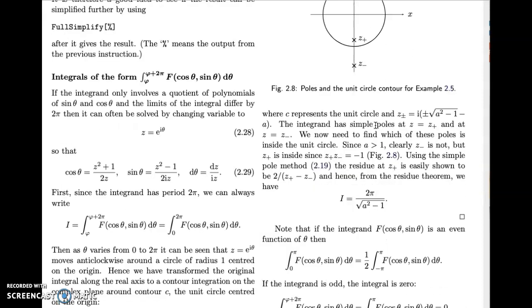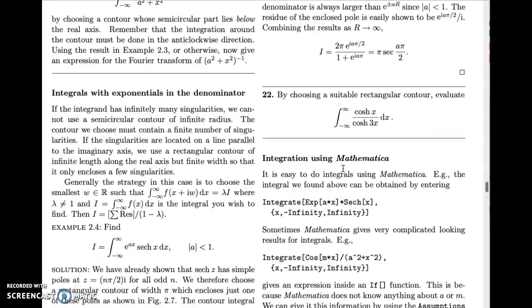Okay, so in this particular case, finding the residue, you do have to be careful to make life easy for yourself. I'm saying using the simple pole method 219, which one is that?